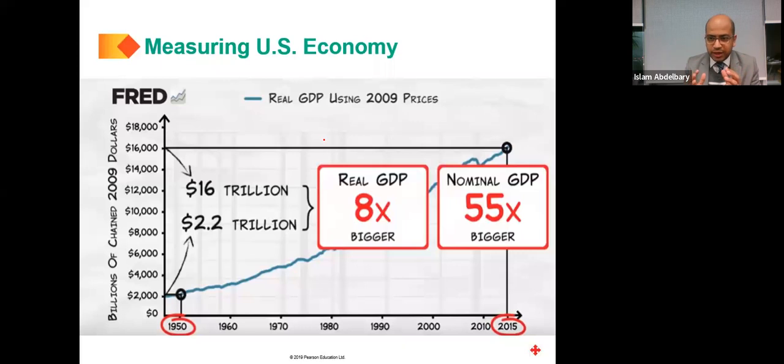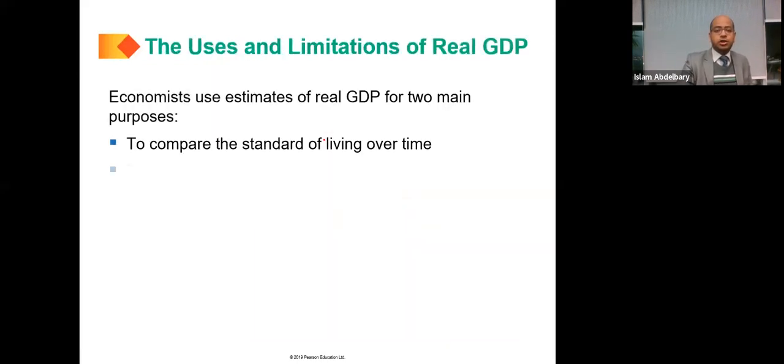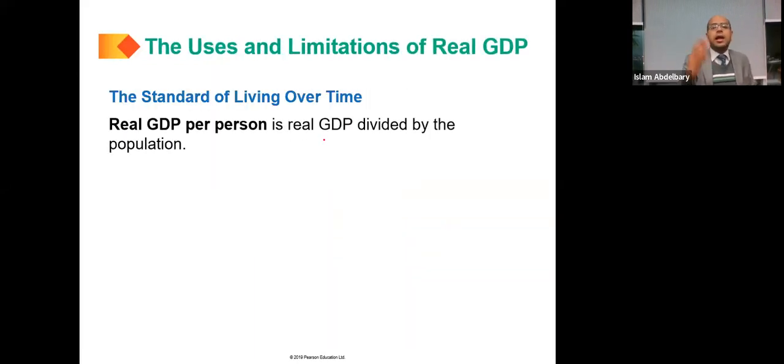In order to know that, we should use GDP per person or GDP per capita. So what is the GDP per capita, or GDP per person? It is the real GDP divided by population.